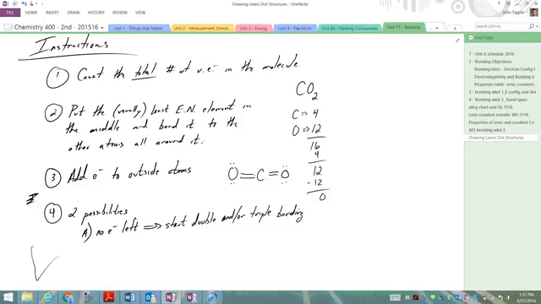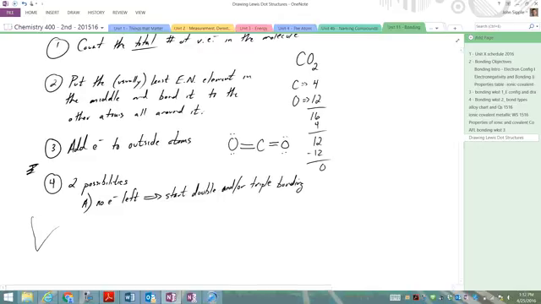Now we have another option here that can happen. We could also have extra electrons. If we have extra electrons, we're going to add them to the center atom.